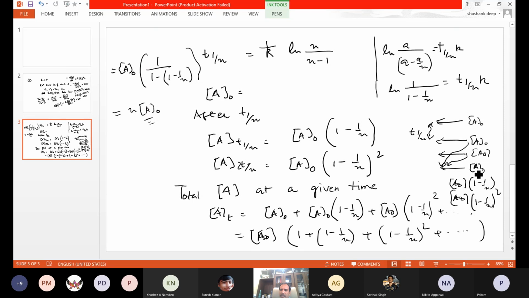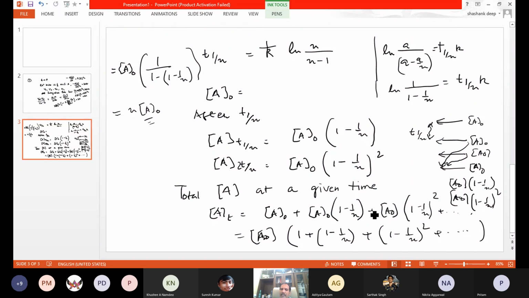So what I will write, a naught which was given just now, and the dose which has been given one step prior to this stage will give a naught 1 minus 1 by n. 2 step prior, a naught 1 minus 1 by n square. 3 step prior, a naught 1 minus 1 by n cube.